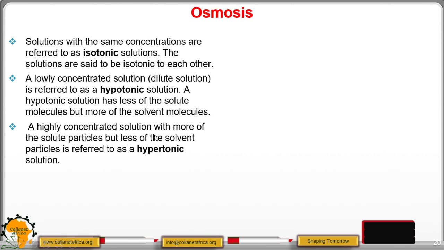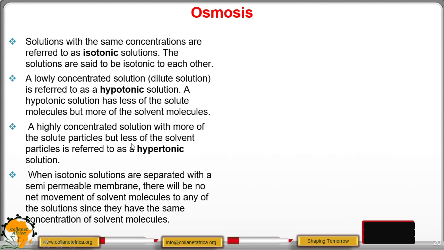So a highly concentrated solution with more solute particles but fewer solvent particles is referred to as a hypertonic solution. So a highly concentrated solution will contain more sugar or salt particles. All these are referred to as solute particles.